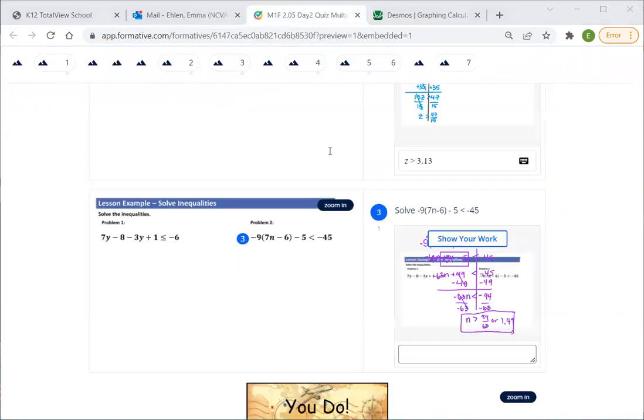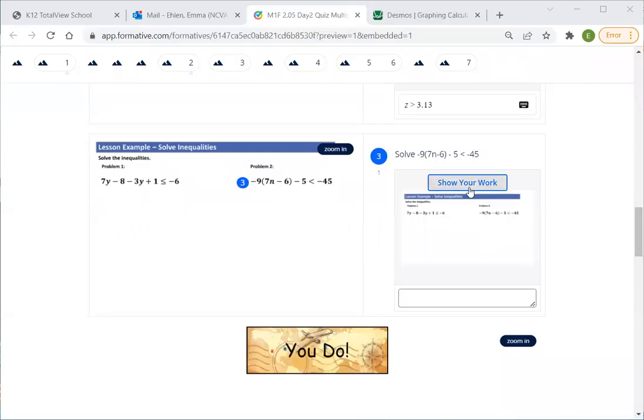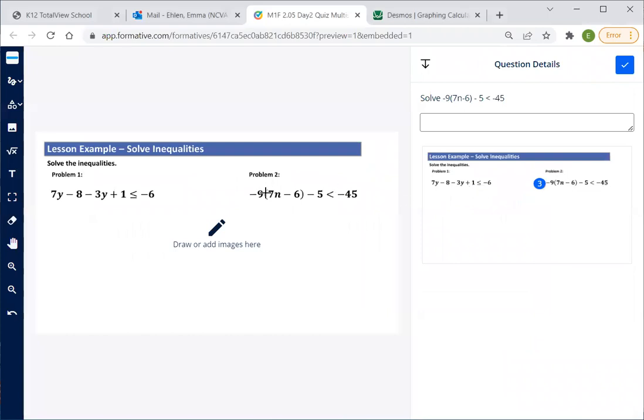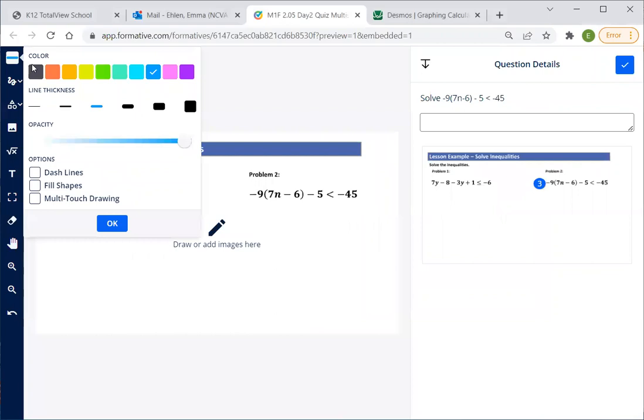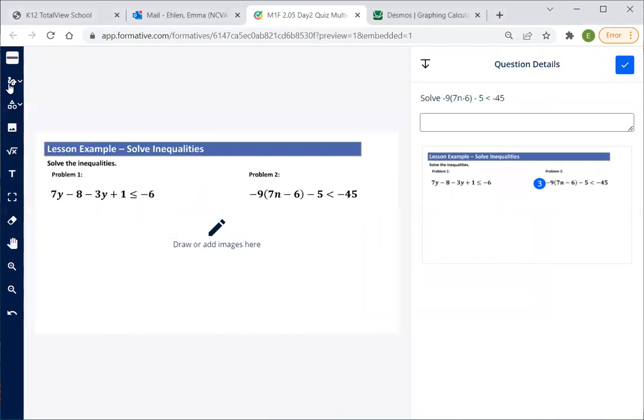All right, so the next equation. Number 3 is problem number 2. So we want to draw our line down the middle, and I'll also go ahead and zoom in on this one.